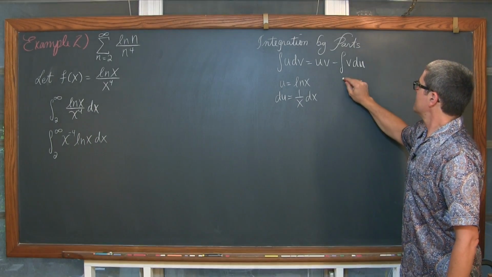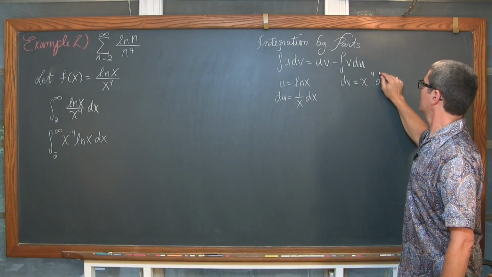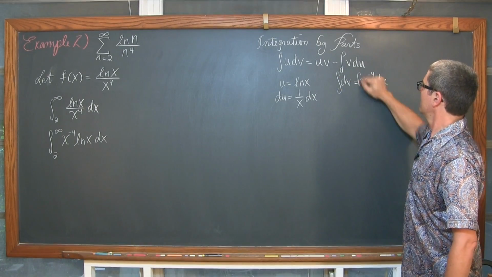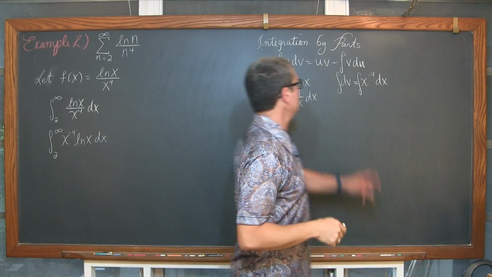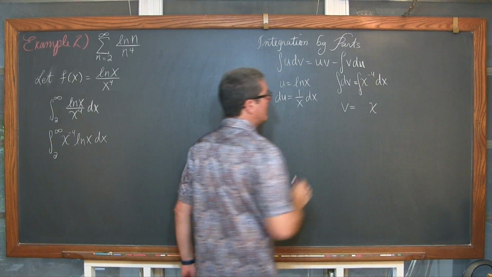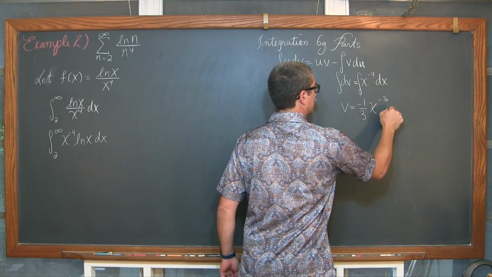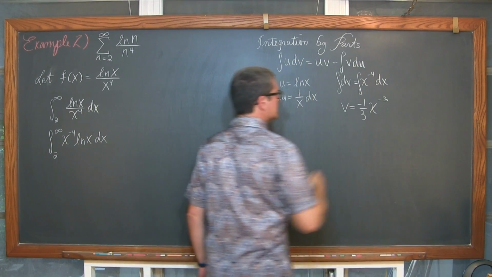Our dv is x to the negative 4 dx, integrating both sides to find our v, and we have v is equal to, raise that power by 1 and divide by it. Yeah, and that's it.